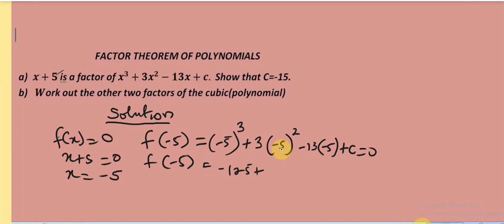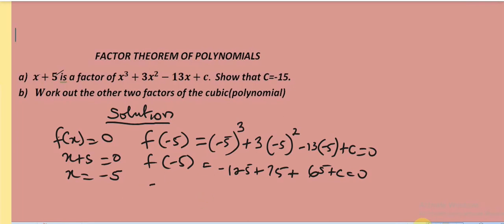Plus, minus 5 raised to the power of 2 is 25, because minus 5 times minus 5 is plus 25. 25 times 3 is going to be 75. Minus times minus is plus, so I'm going to put plus here. 5 times 13 is going to be 65, then plus c is equal to 0.